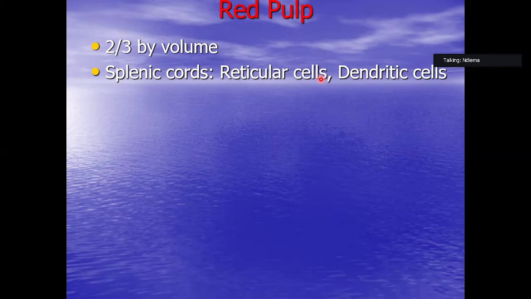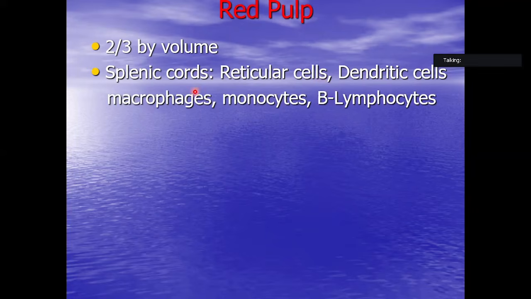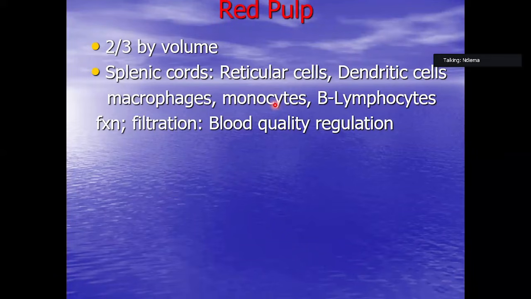Remember, we said most of the supportive framework are reticular cells that produce reticular fibers. We also have dendritic cells, whose function we have talked about as antigen-presenting cells, and macrophages as antigen-presenting cells. We have the monocytes which have been sequestered. We said the spleen acts as an area for sequestration of monocytes and conversion of monocytes to macrophages. Then we have the B lymphocytes within these splenic cords. So the splenic cords are an extension of the white pulp.